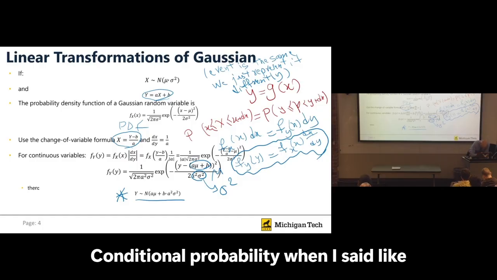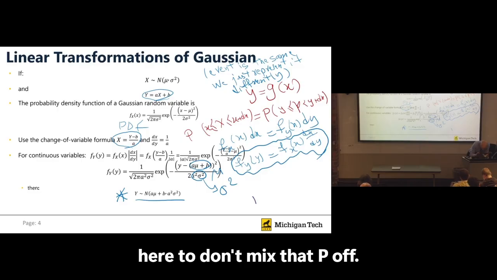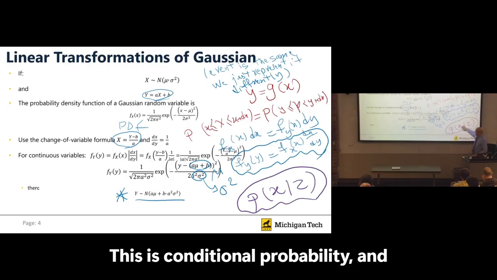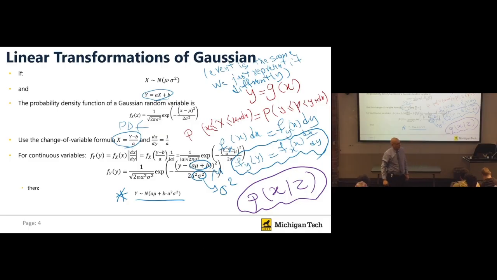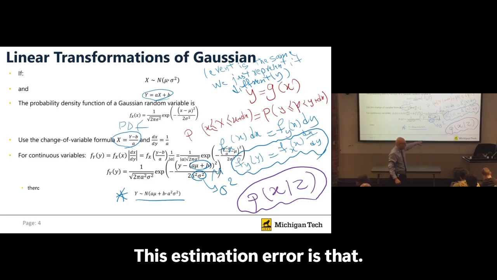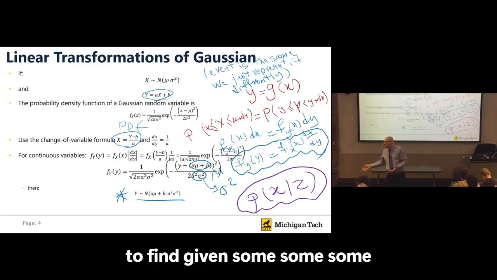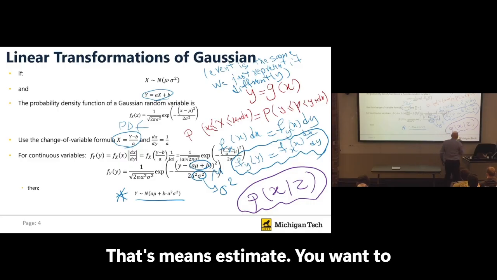For example, P of x given z. This is conditional probability, and conditional probability is the best estimation ever. It means the probability of x that we want to find given some information. That means you want to estimate that.